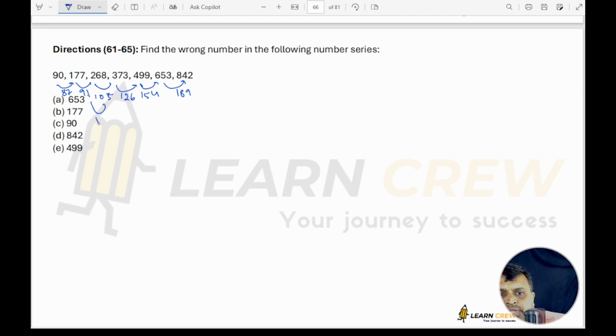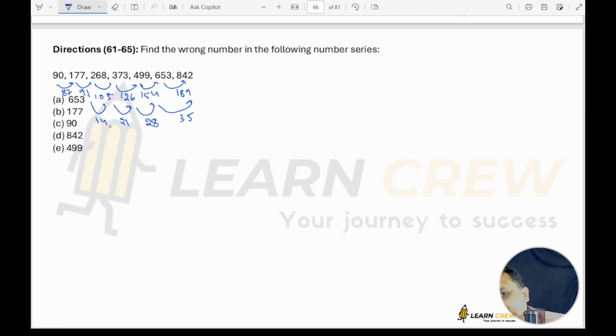Here difference is 14. Okay, here difference is 21. And here difference is 28. And here difference is how much? 35. So if you see here, all are multiples of what?